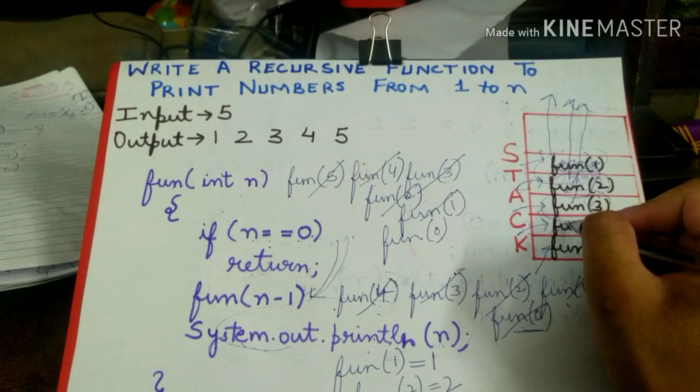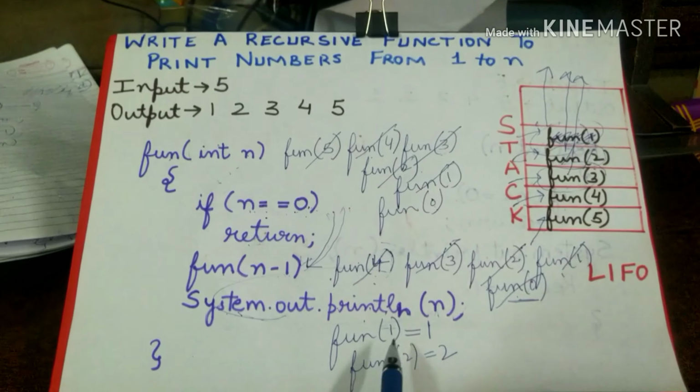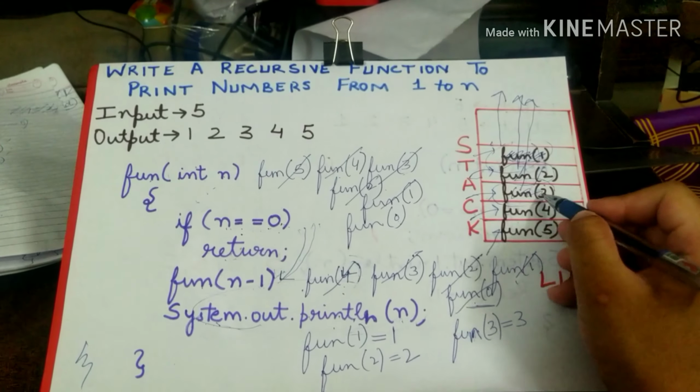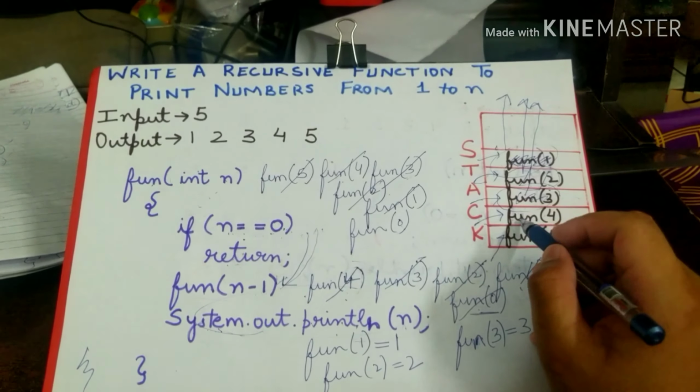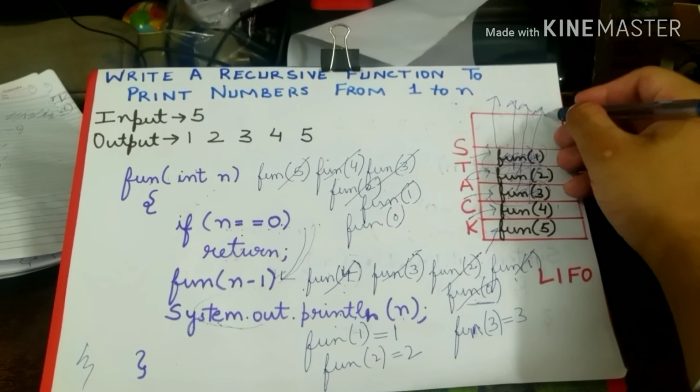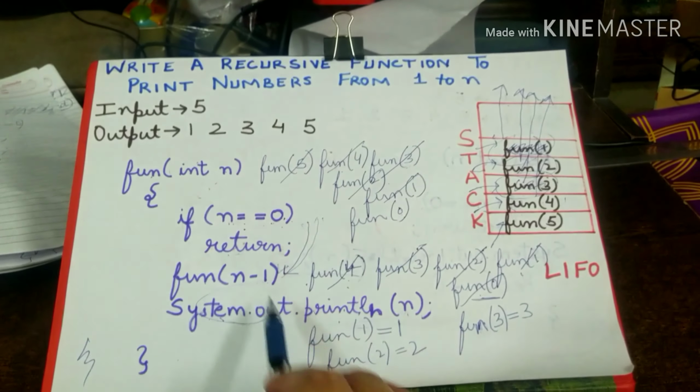What is the value of fun 2? Fun 2 value is 2. Now the fun 3 method will be called. What is the value of fun 3? The value of fun 3 is 3. Now fun 4 will get out of the stack. What's the value of fun 4? The value of fun 4 is 4.